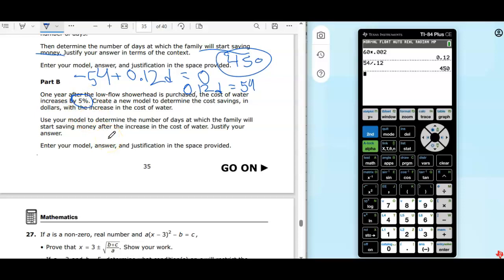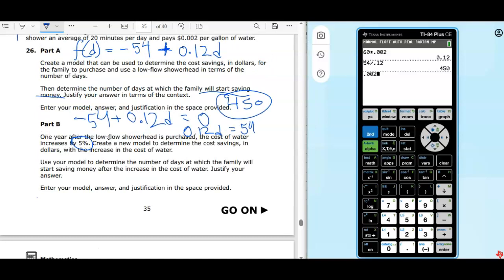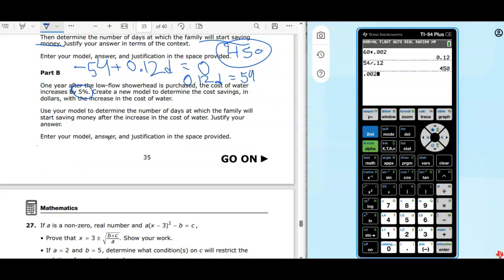Well, if our cost is increased by 5%, we have 0.002 cents per gallon of water, times 1.05, which is going to be, now the cost is going to be 0.0021 cents, right?